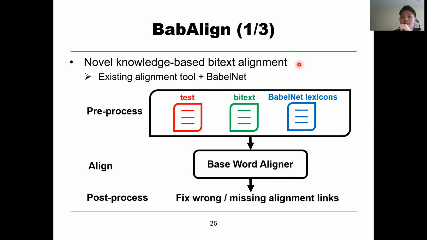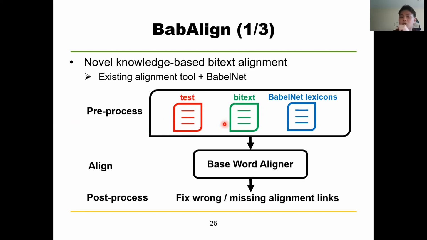BabAlign combines an existing alignment tool with BabelNet, and it comprises 3 steps as follows. First, we perform pre-processing on the test data, including lemmatization and part-of-speech tagging. However, usually a WSD test dataset is too small to perform good word alignment.